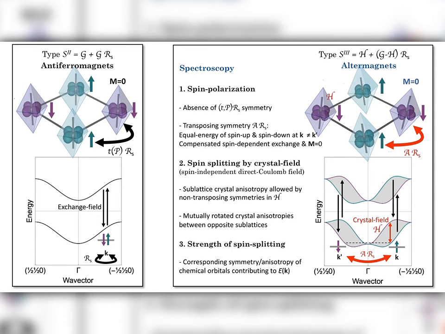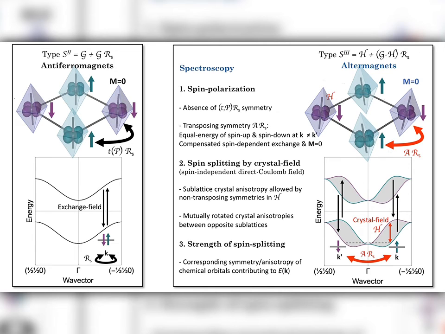Now when we are looking back at what happens for this opposite spin sublattice state when we move back to the original momentum, what we see here is that the energy is different.